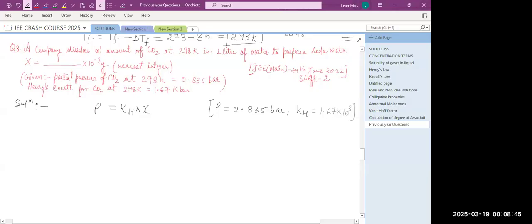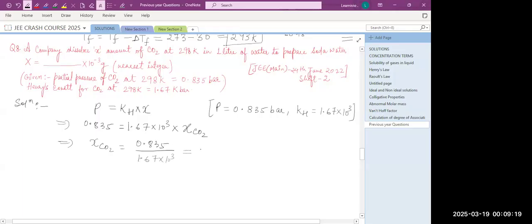Now substitute these values in the equation: 0.835 equals 1.67 into 10 to the power 3 into the mole fraction of carbon dioxide. From here you can calculate the mole fraction of carbon dioxide. It will be 0.835 upon 1.67 into 10 to the power 3.